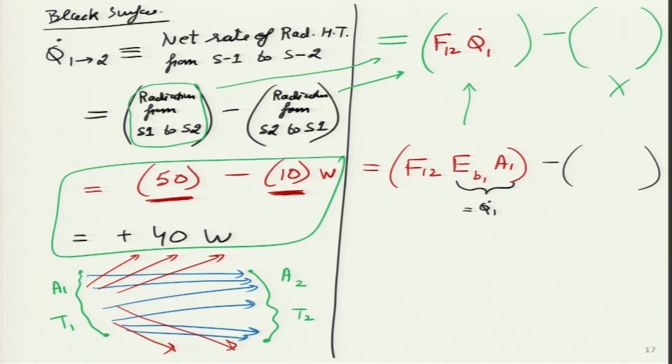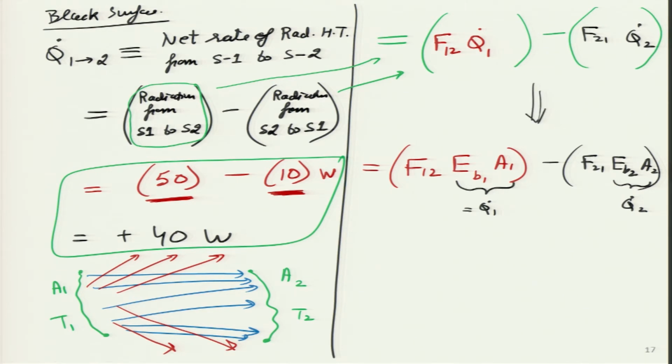The second bracket is exactly the same in reverse, which means it will be F21 multiplied by q dot 2, and q dot 2 will be EB2 into A2. I will do it slowly over here, so that students may understand.